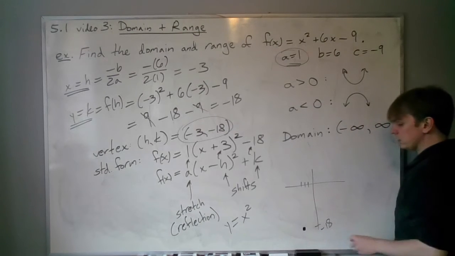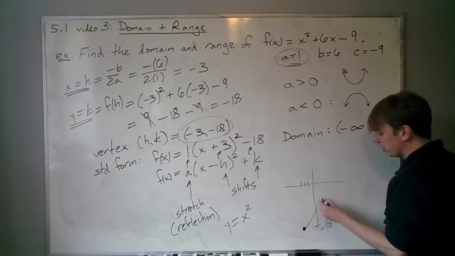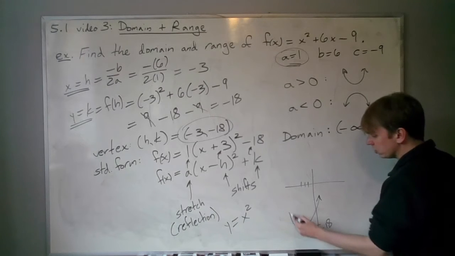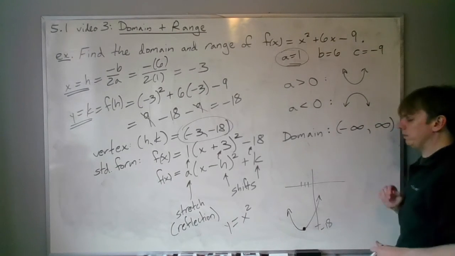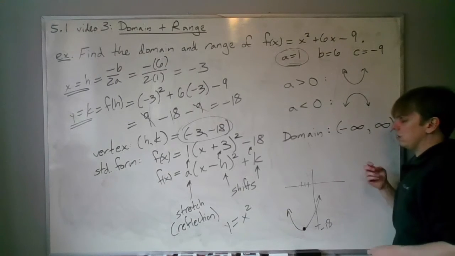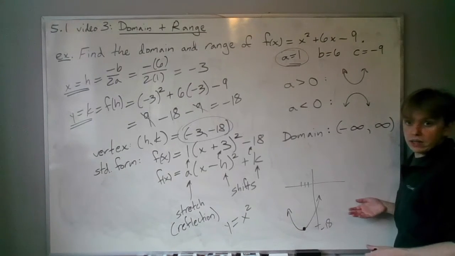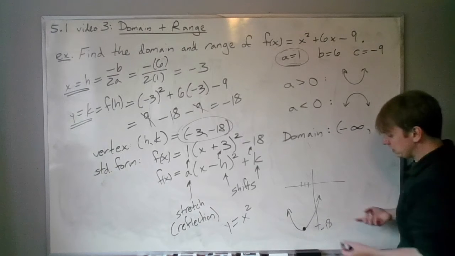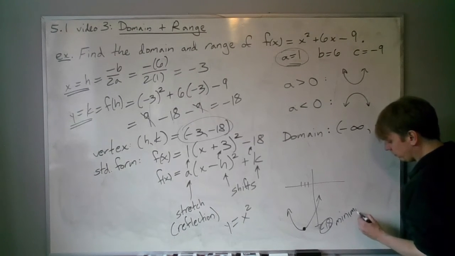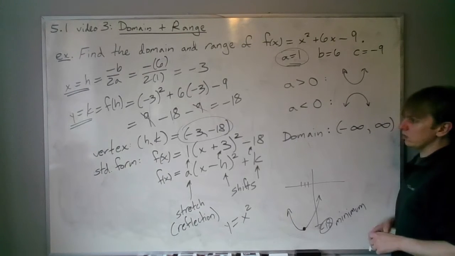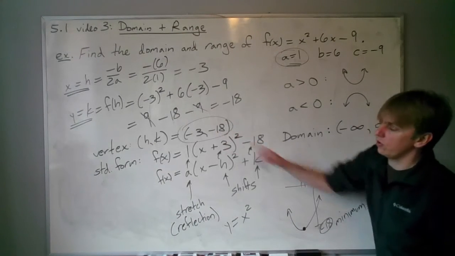So if our vertex is -3, -18, and we're opening upwards, it should look something like this. I don't really care exactly how it looks, but if you look at it, as far as what y's we're going to get, the lowest y we're ever going to see is this negative 18. That's going to be our minimum, which is the k value of the vertex.